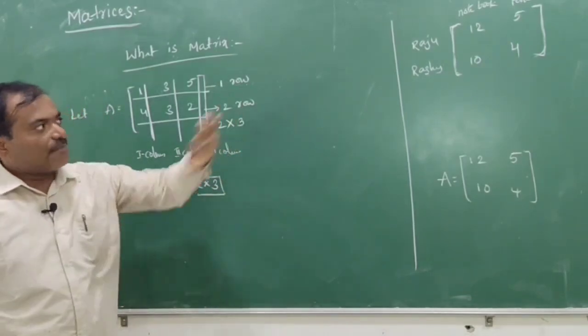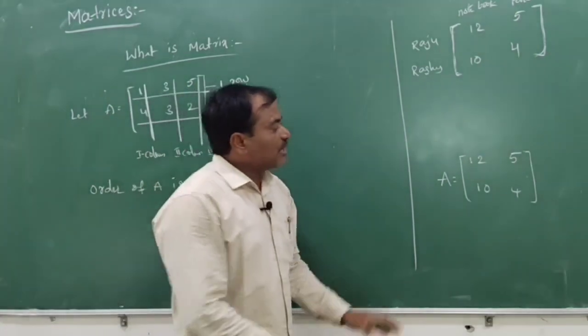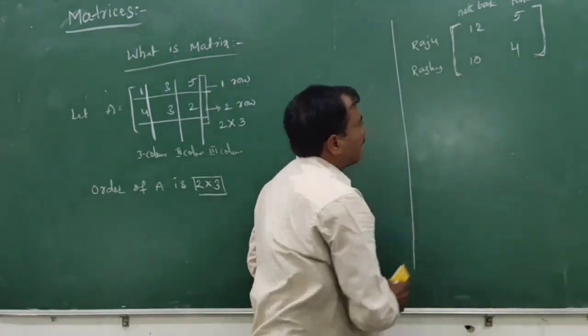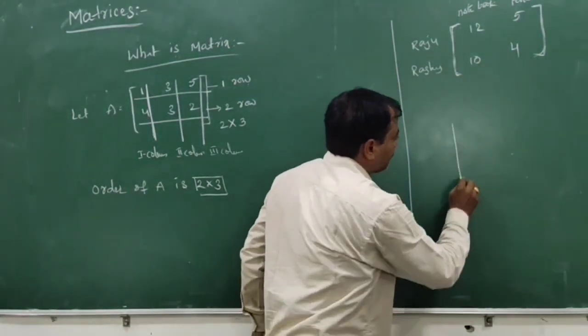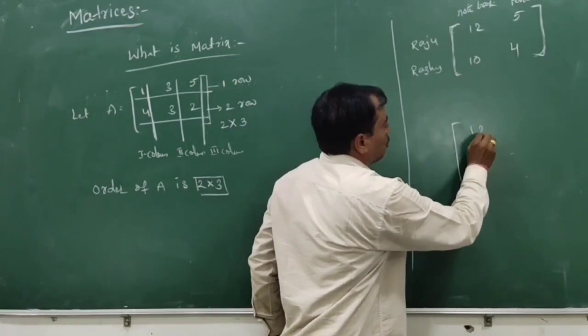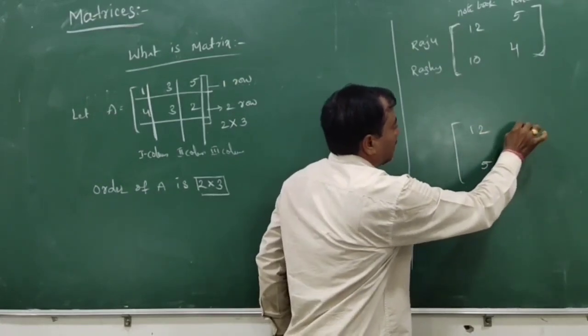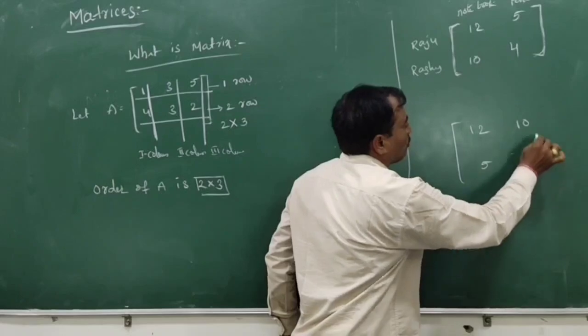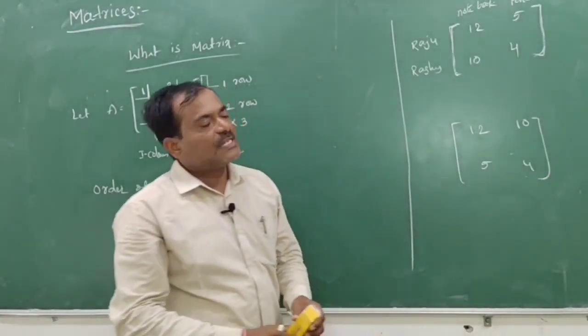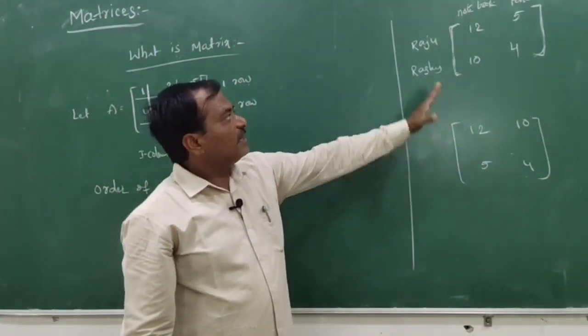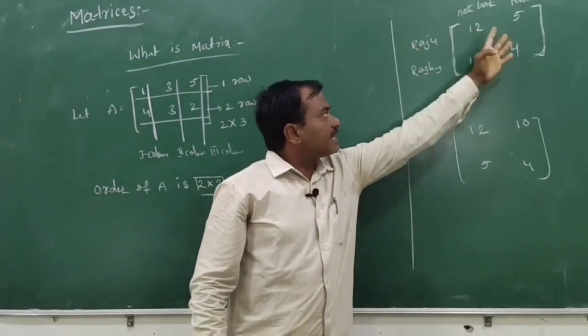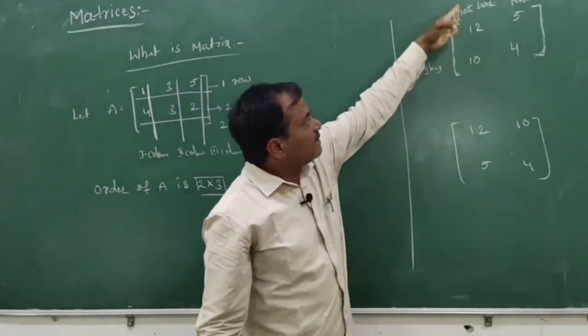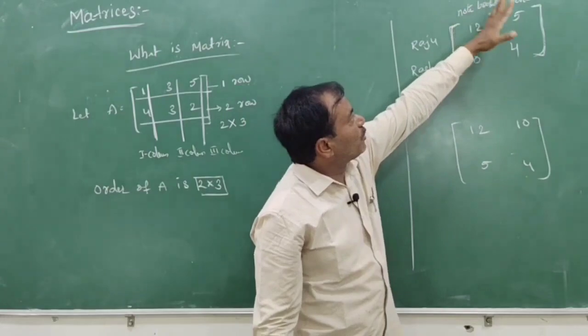We are taking this example. This information can also be written in this form: 12, 5, 10, 4. Is it correct or wrong? Yes, this is also right, but here the rows stand for the students and these are the contents, a notebook and pens.